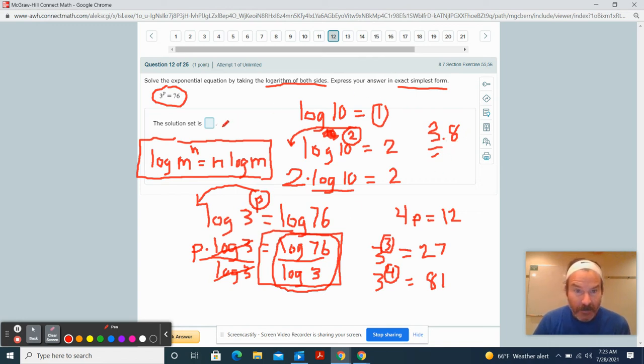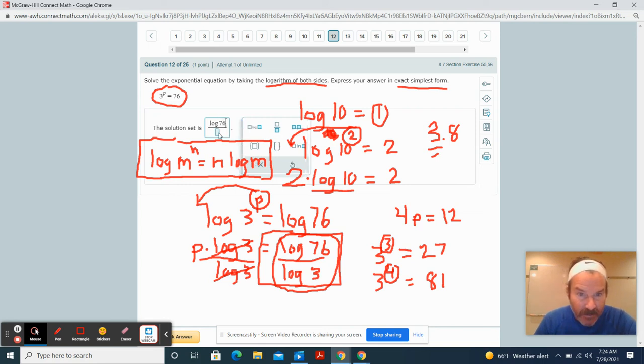What you do for Connect Math, because remember decimals aren't allowed, simplest form is this expression, log 76 divided by log 3. So what we do is we click this and you'll see a fraction bar. And then you'll see in the top left corner, you'll see a log. So click log and then just type in 76.